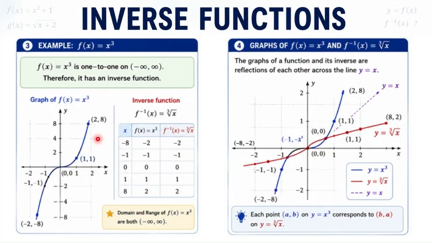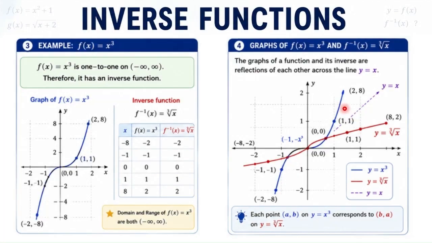That line will only ever cross the blue curve exactly one time. This tells us that every single output y comes from only a unique input x. Because of this strict one-to-one relationship, the function has an inverse.